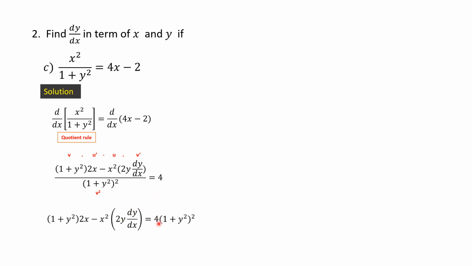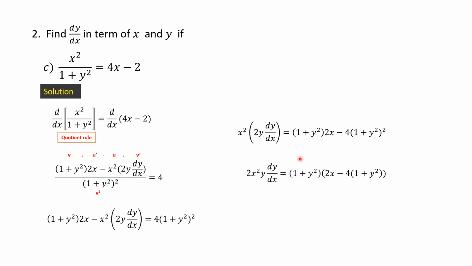And then you cross multiply here, and then we simplify. x square times 2y dy/dx equal to (1 plus y square) times 2x minus 4 times (1 plus y square) squared. The right hand side here we can factorize 1 plus y square, and then we can simplify to the final solution here.